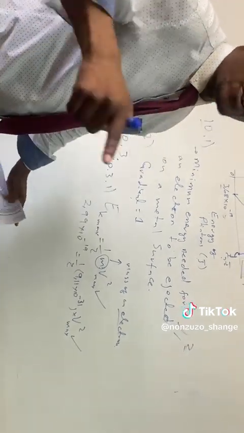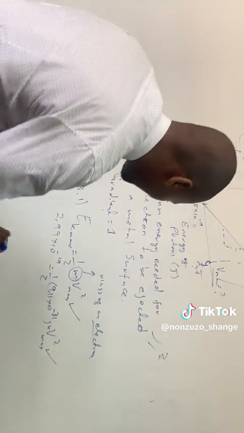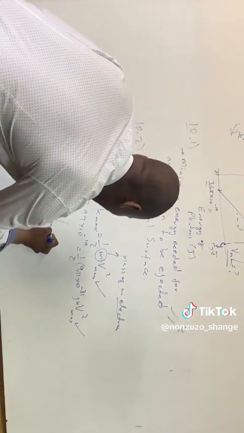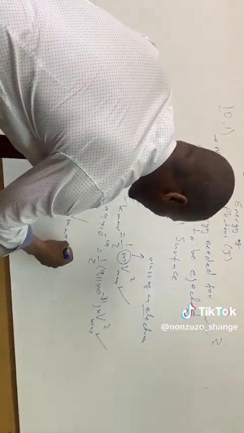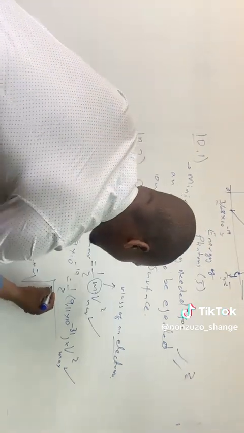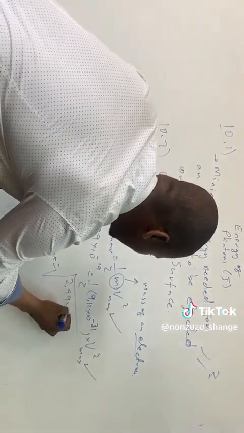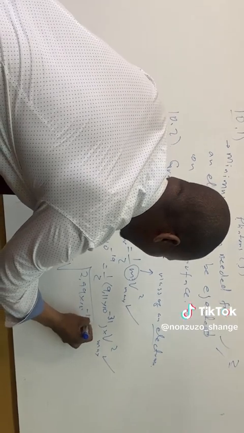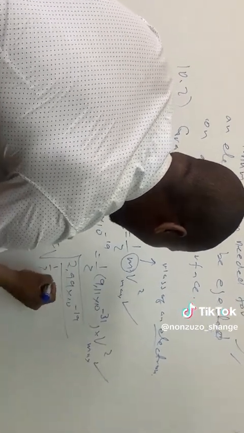So that means 2.99 times 10 to the power minus 19 divided by half times 9.11 times 10 to the power minus 31. Then you press this on your calculator.